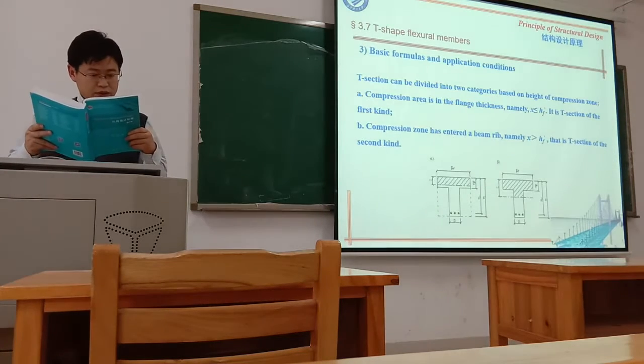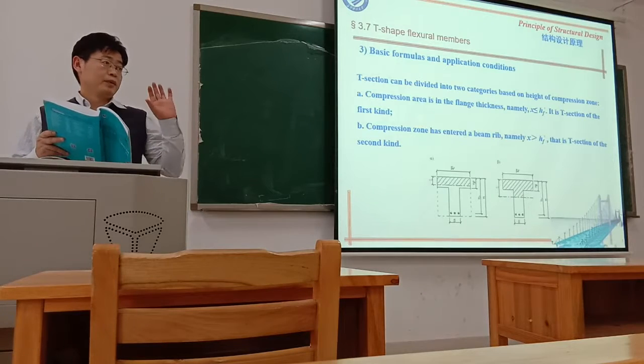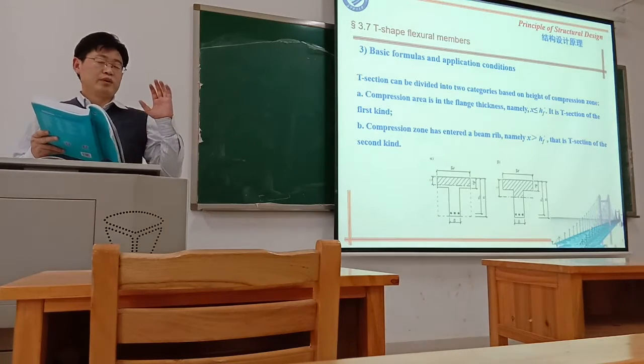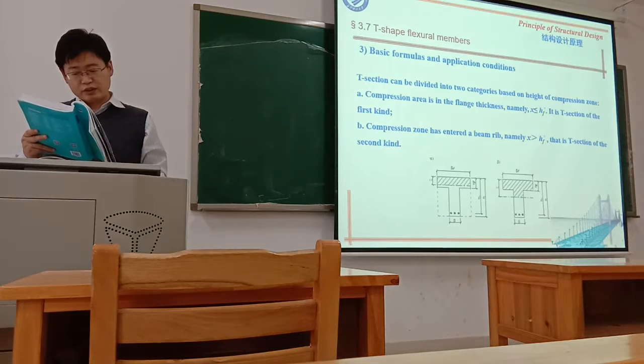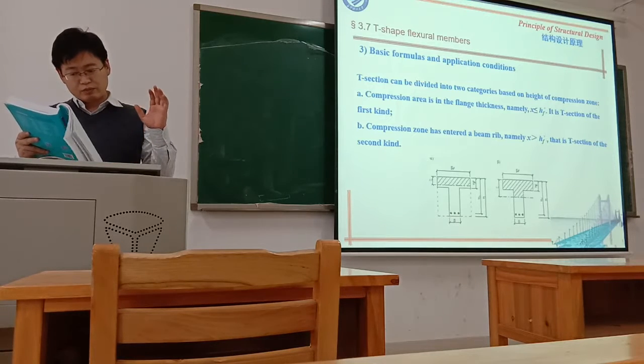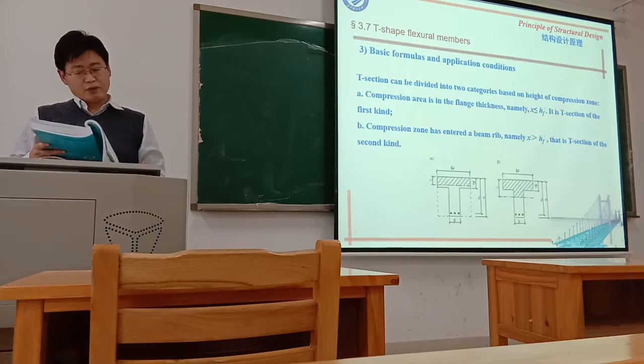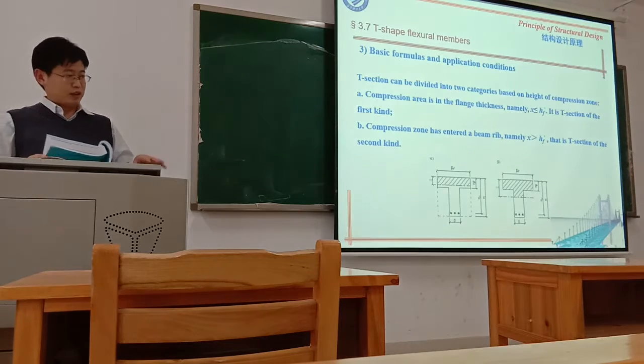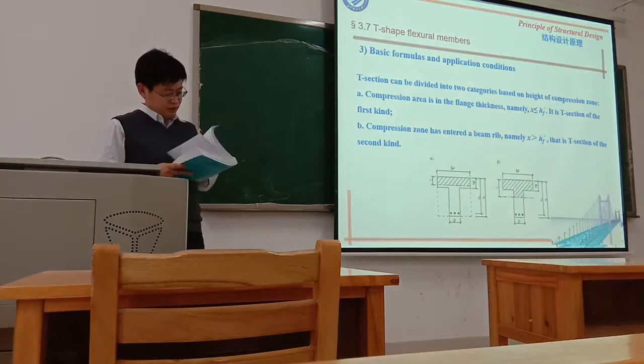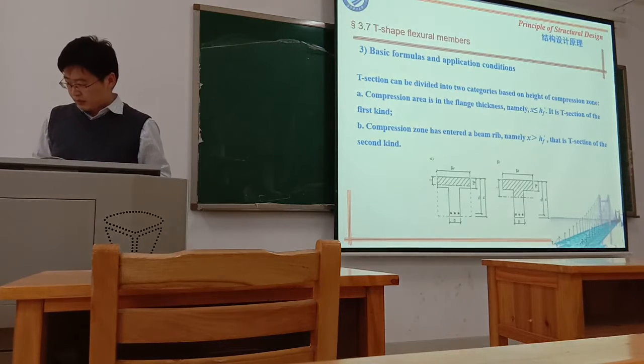I think by this example, the content of this T-shape will, how to say, become more clear. Because without seeing the formula, maybe it's relatively a little bit difficult.